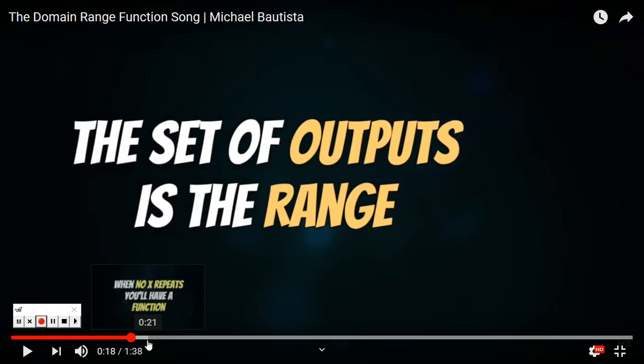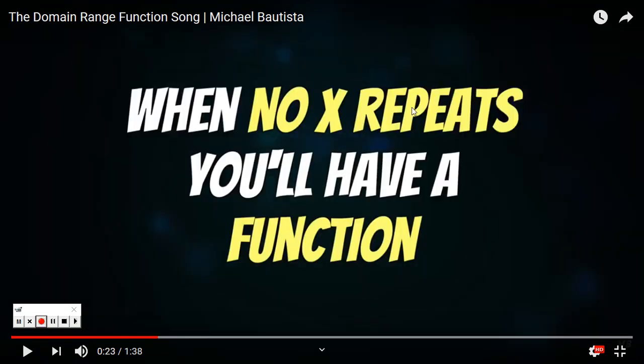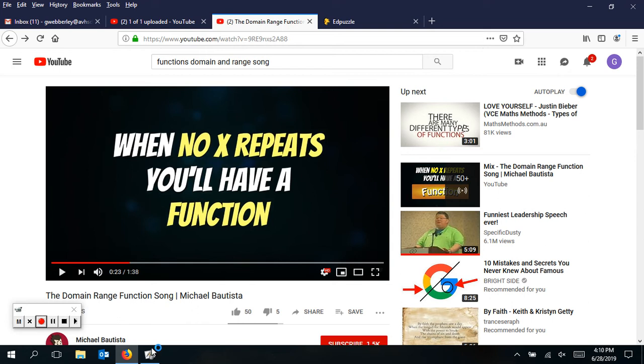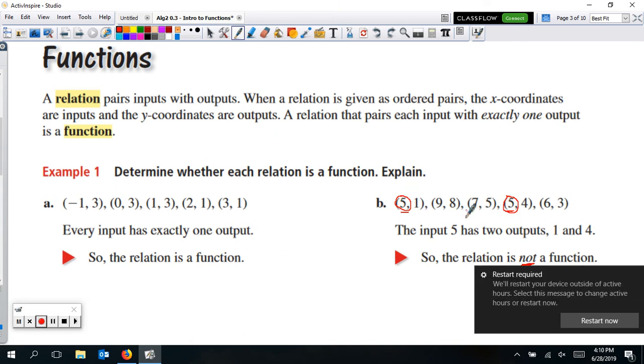So when no x repeats, you'll have a function. We just talked about that. When the x is not repeating, as we saw back here, it was a function, but when x is repeated, right there with 5 and 5 again, it was not a function.